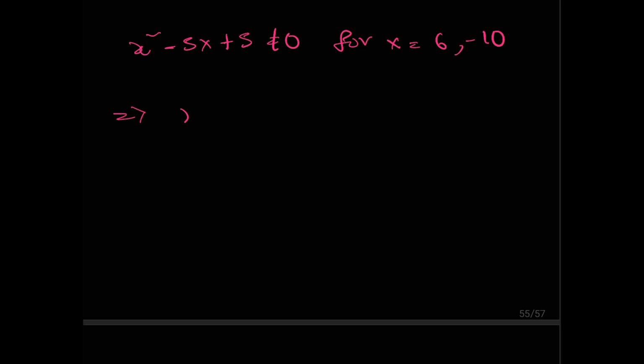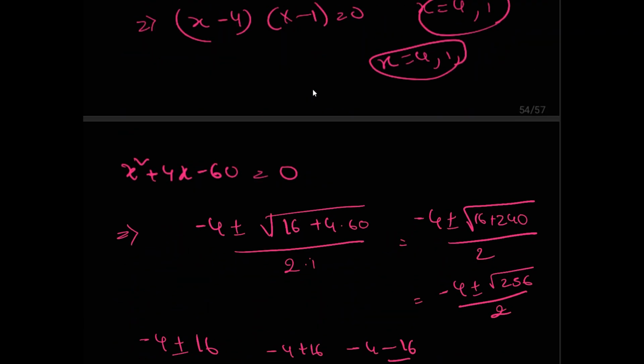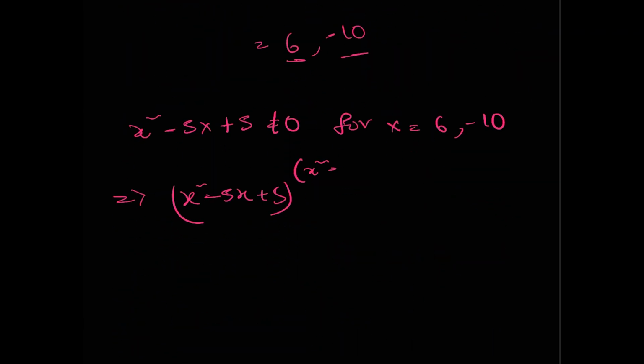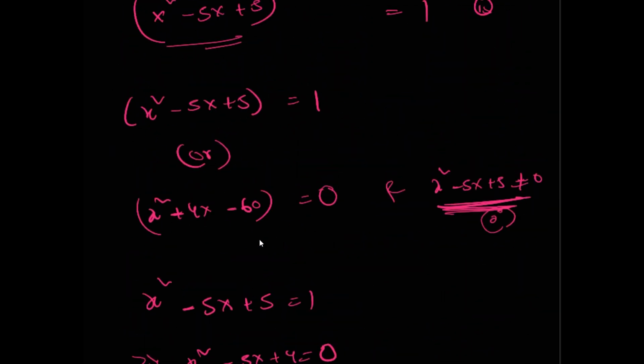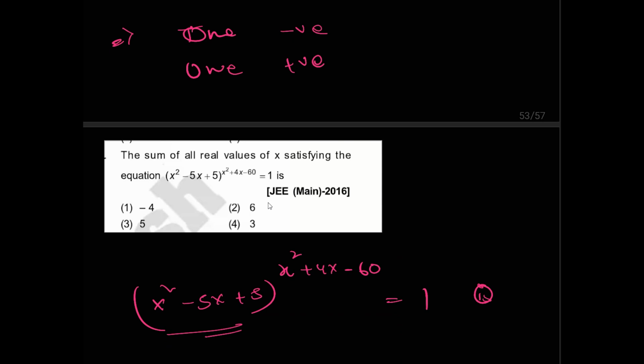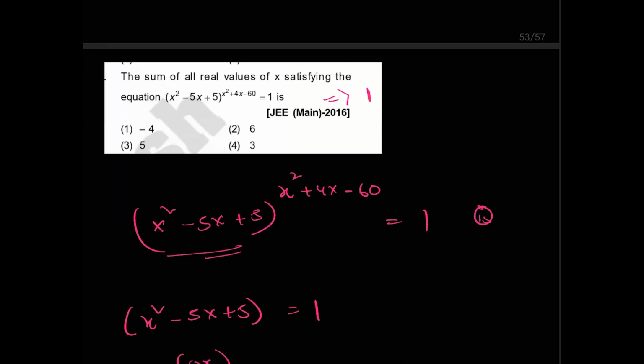Therefore, the solutions for the equation x square minus 5x plus 5 whole power x square plus 4x minus 60 is equals to 1 will be x equals to 1 comma 4 comma 6 comma minus 10. Therefore, sum of roots of this equation will be 1 plus 4 plus 6 minus 10. That equals to 1. Therefore, the answer will be 1.